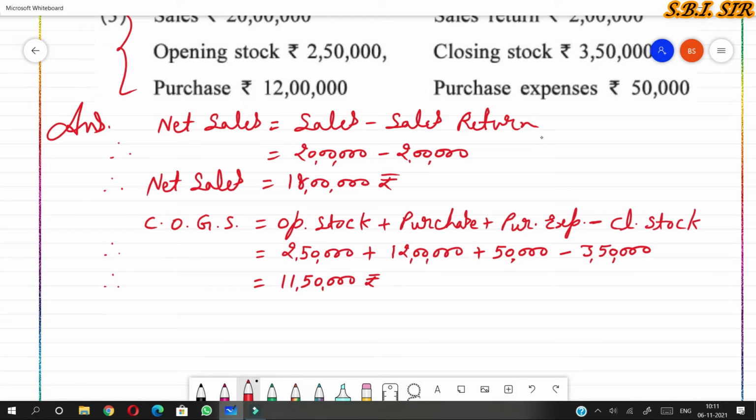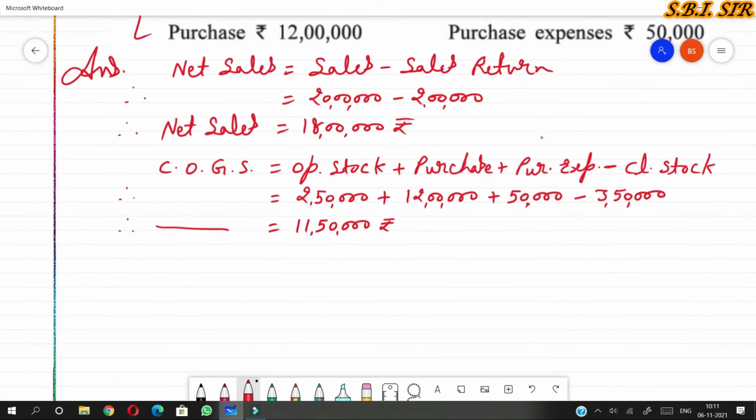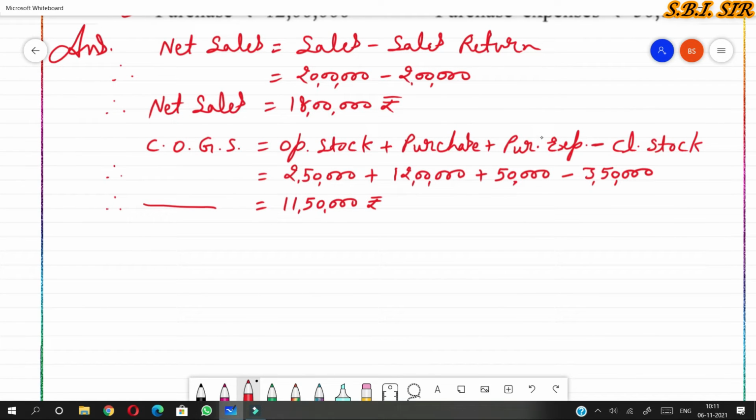We have to find out gross profit here. So COGS equals sales, meaning here net sales, minus gross profit.